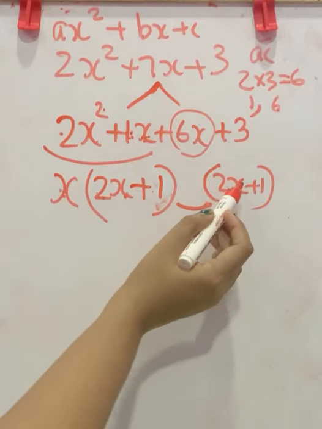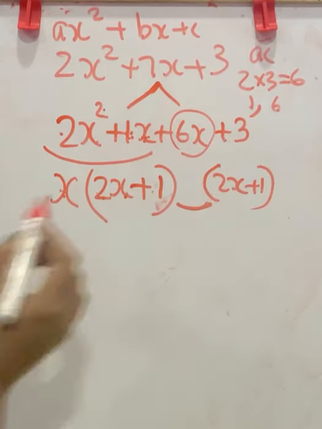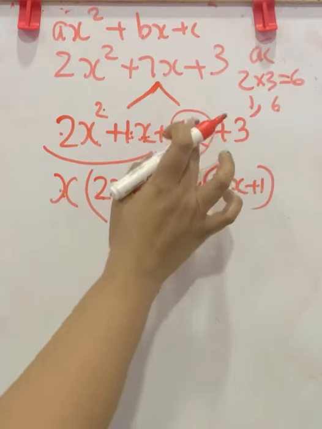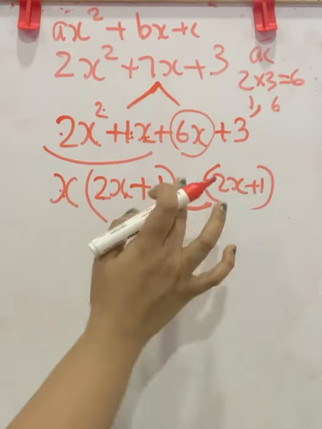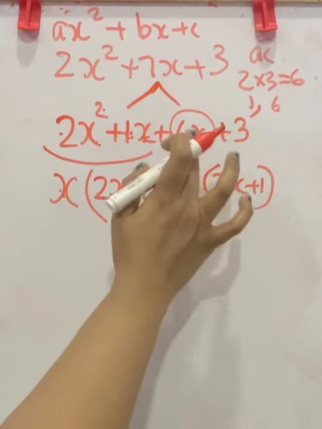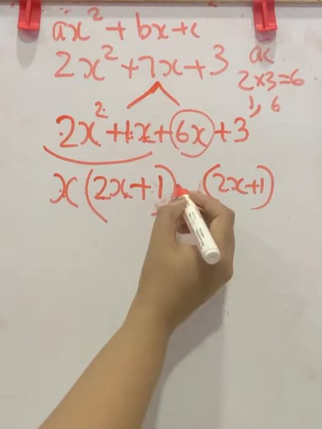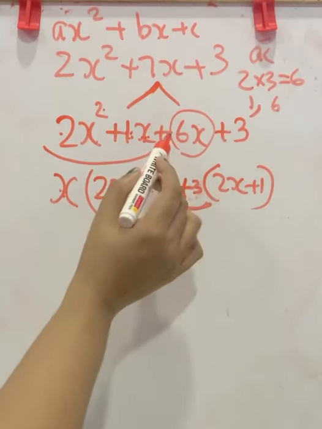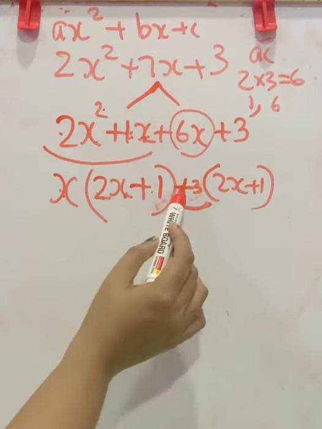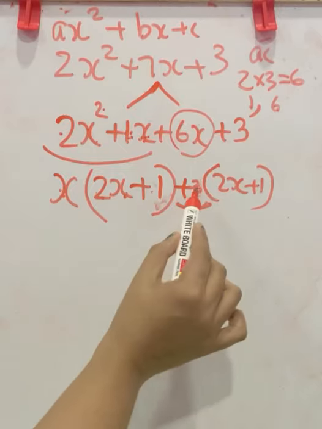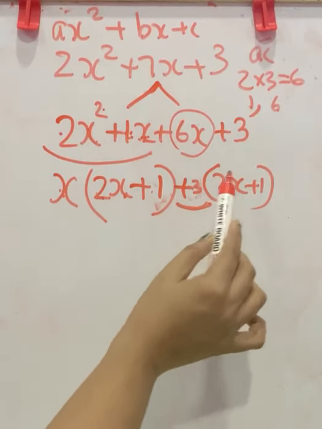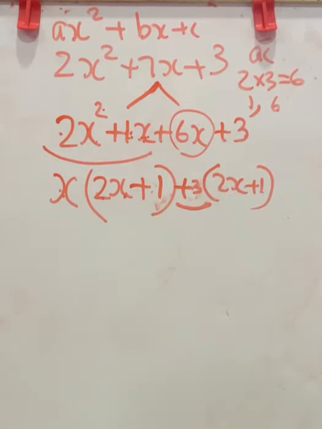Already x is here, also 1x, so don't write an x here, then it becomes x square. We don't want x here, only a constant. That is a constant number into 2, you want to get 6. That is plus 3, then only you will get plus 6 here. Plus 3 into plus 2x is plus 6x. Now check this with the last term also: plus 3 into plus 1 is plus 3.